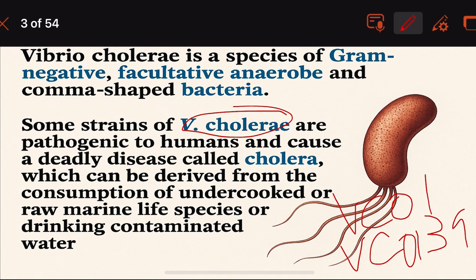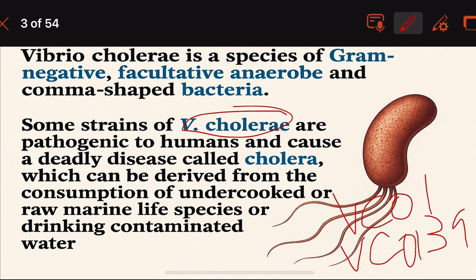The transmission of cholera is by undercooked food, raw marine life species, or drinking contaminated water. If the water is contaminated with Vibrio cholerae and the same water is used for drinking, then it can result in the transmission of cholera.